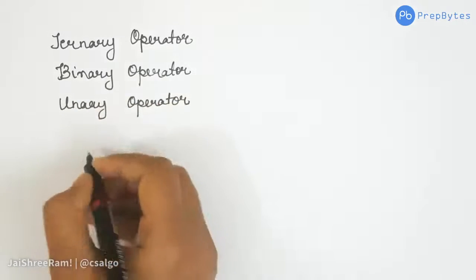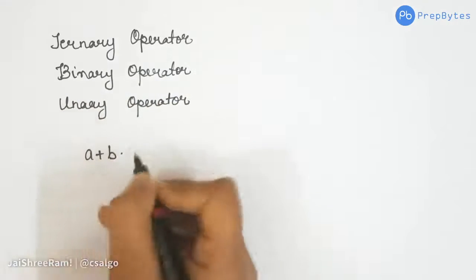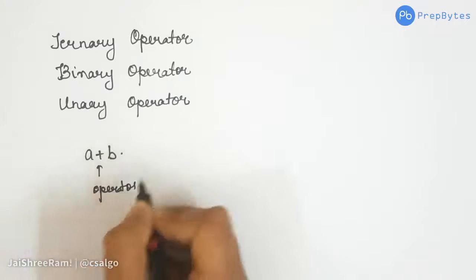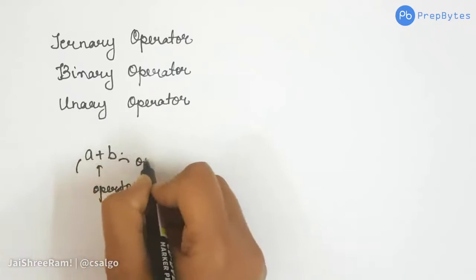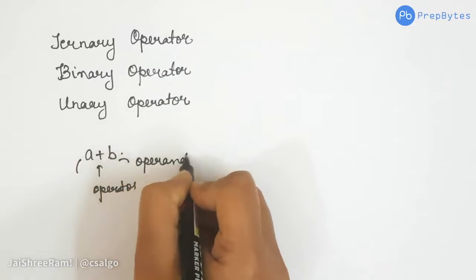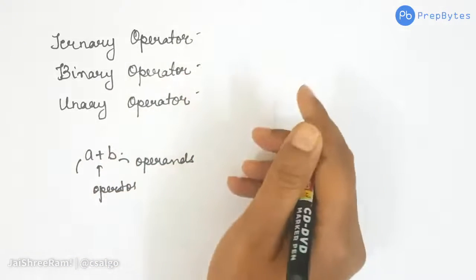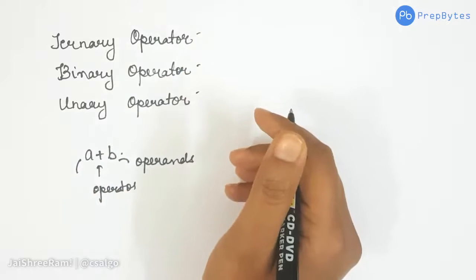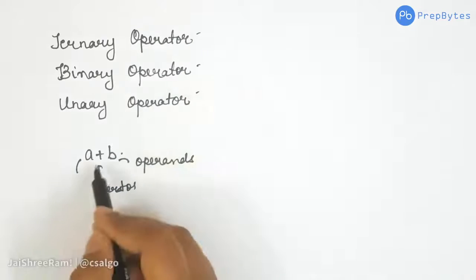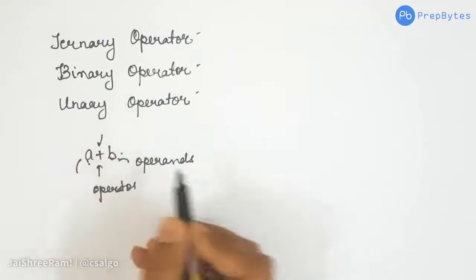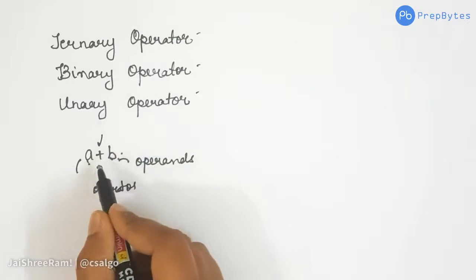If I'm doing something like A plus B, this is the operator, and A and B are the operands. This classification is based on how many operands a particular operator needs. In this case, addition needs two operands, so I'll say this is a binary operator.